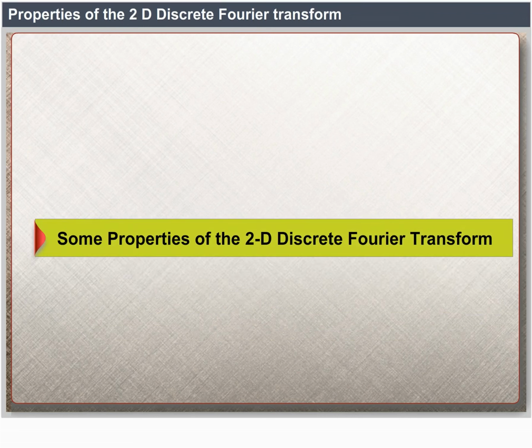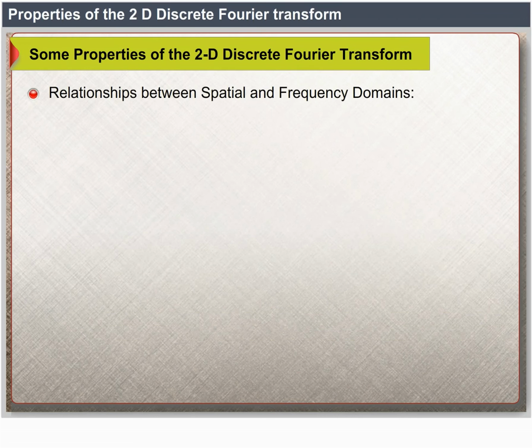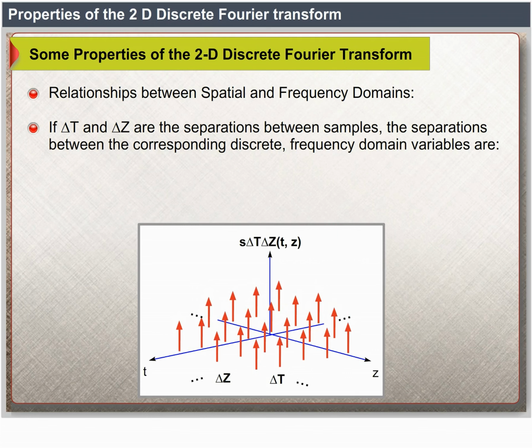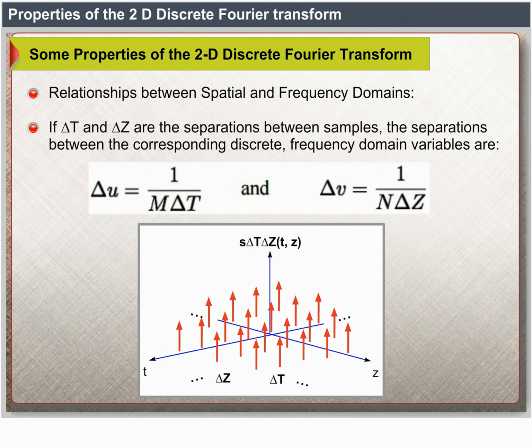Translation and rotation. Translation has no effect on magnitude, and the equations are as shown on the screen. Rotation. In polar coordinates, f of r, theta plus theta naught corresponds to capital F of omega, phi plus theta naught.